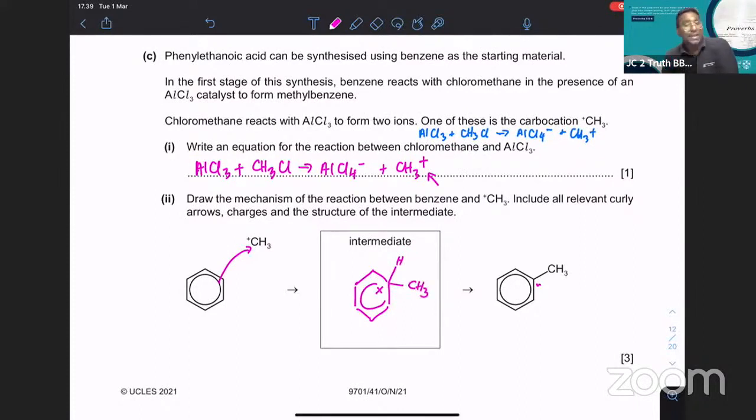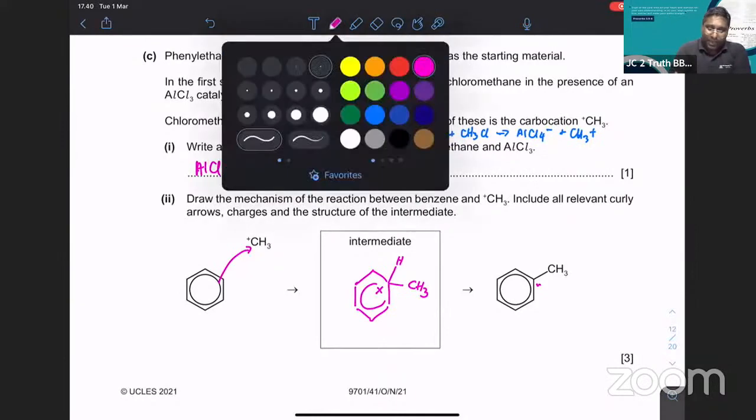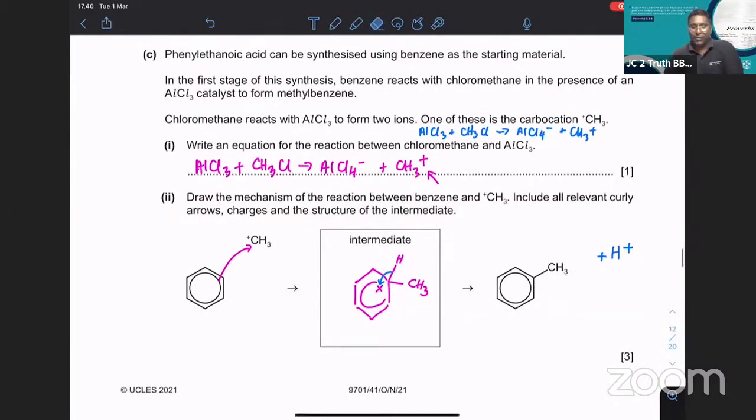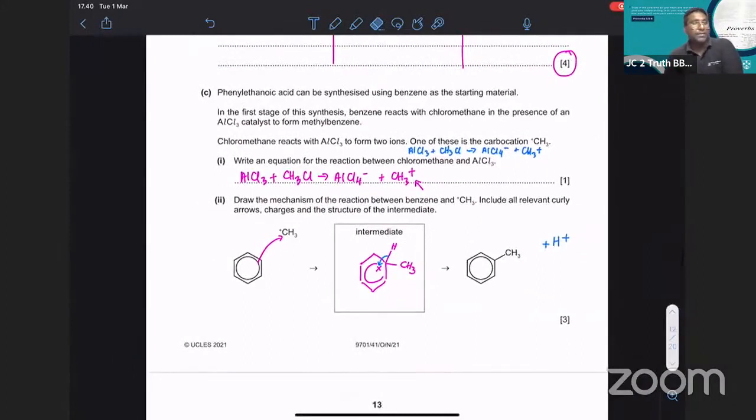So this is the intermediate, and it's not stable. It will become stable when you bring the electron from here, it will come over here. The two electrons will start to come in, and when they come in, they form bonds. So the H plus is given out. If you want, you can just write down over there that the H plus is given out. So this is going to be the intermediate and so on. You need to write it down like that.